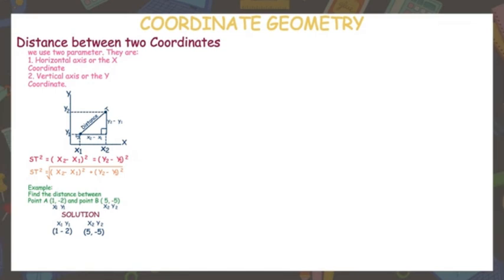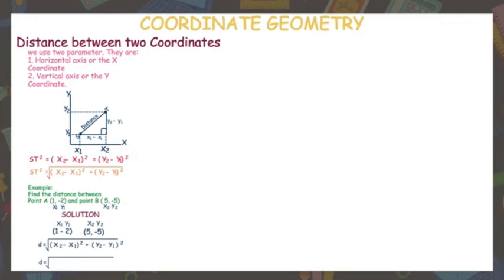You just bring it back to this. The distance that you have to find is equal to the square root of (x2 minus x1), remember to put your square, plus our (y2 minus y1) squared. So that means our distance is equal to, let's put the square root.